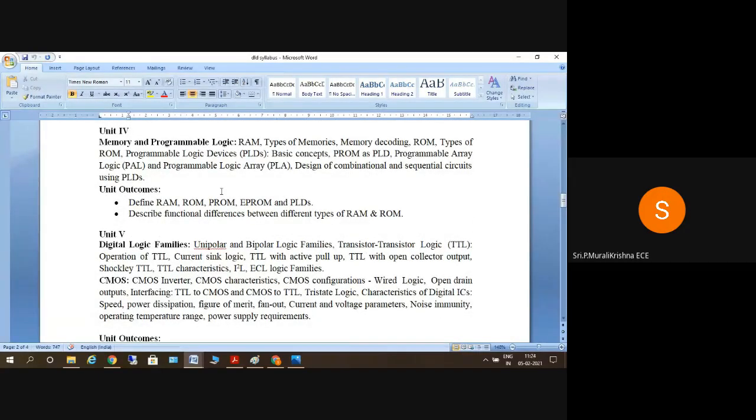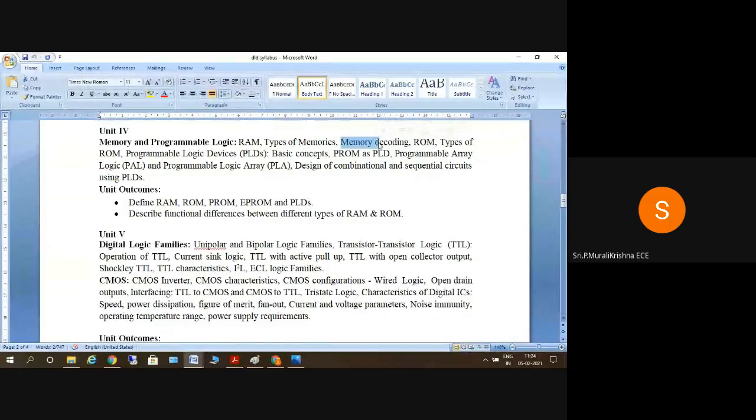So this is your syllabus. We are left with only this topic, memory decoding. We'll see the concept of memory decoding after finishing the previous concepts. Meanwhile, the PLA problems, I gave 4 problems, like 4-variable K-maps, and that is also important for you.